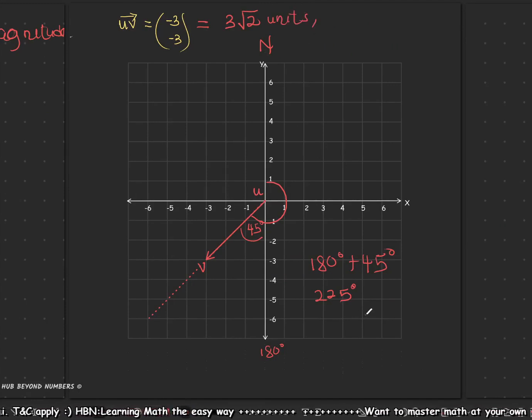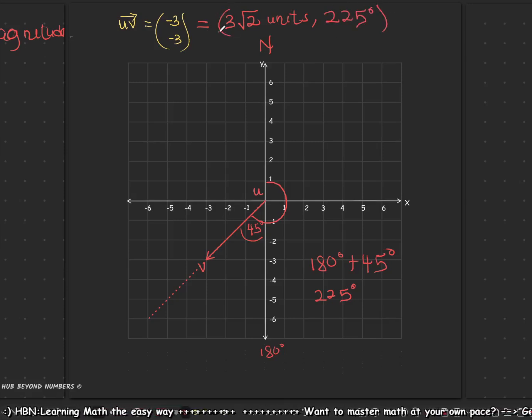And then its bearing being what? 225 degrees. And you are done. You see? So this is how we write vectors from their column form into what? Magnitude bearing forms.